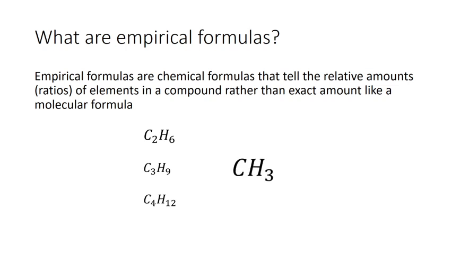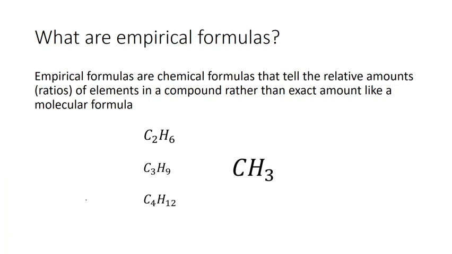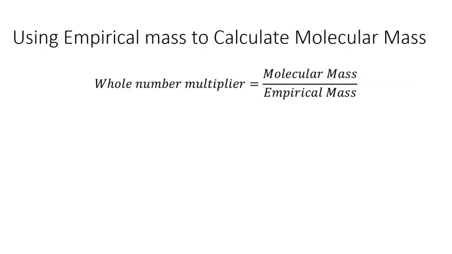Because all of these have ratios of 1 to 3, 1 to 3, 1 to 3. So that is an empirical formula. It shows the ratio of your elements rather than the specific number of elements in a formula. So that's what an empirical formula is.